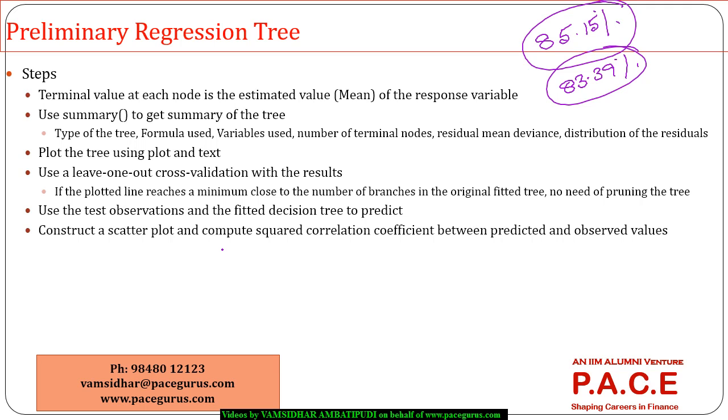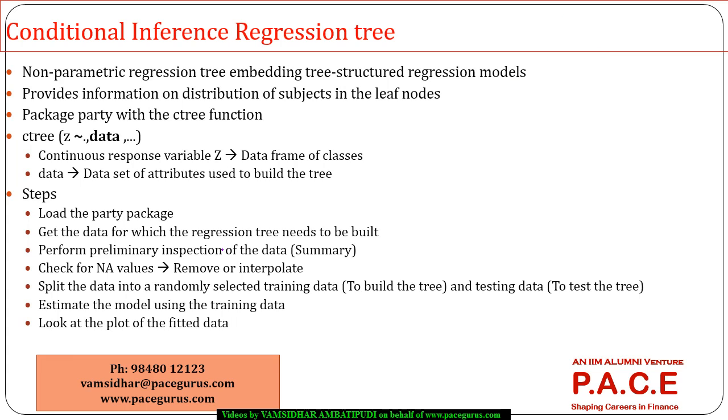Once we are comfortable with the preliminary regression tree, we are moving on to the next important model, the conditional inference regression tree. So more or less similar to the conditional inference classification tree, it's also a non-parametric regression tree, and there is a tree structured regression model that is embedded into it, just like a conditional inference classification tree.